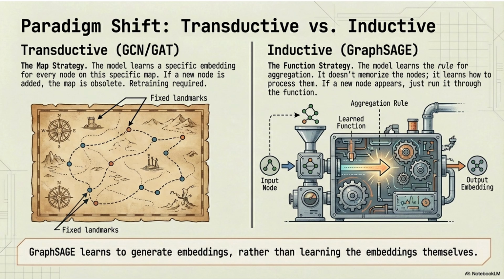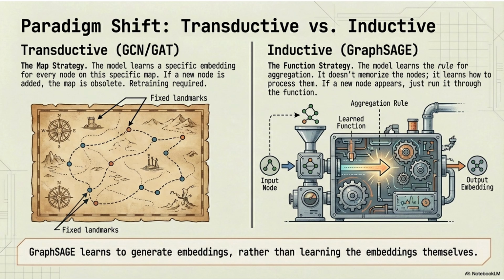Then we apply the weight transformations and normalize the values. Some advantages are that it is scalable, memory efficient, supports inductive learning, and works on dynamic graphs.